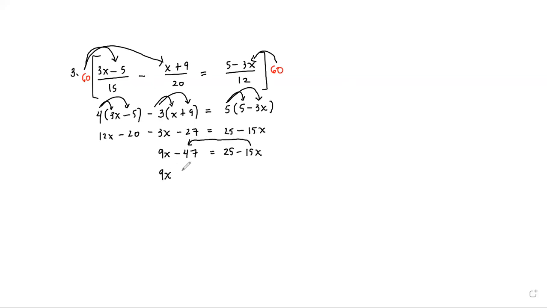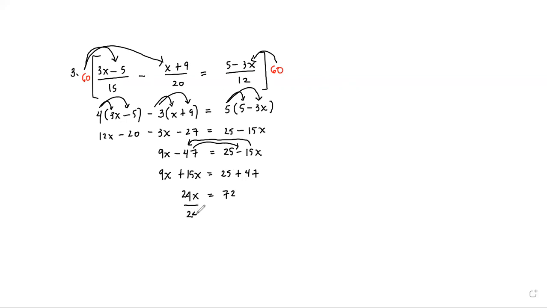So we get 9x plus 15x. And then transpose the negative 47 to the right side. So that gives us 25 plus 47. So 9x plus 15x is 24x, while 25 plus 47 is equal to 72.